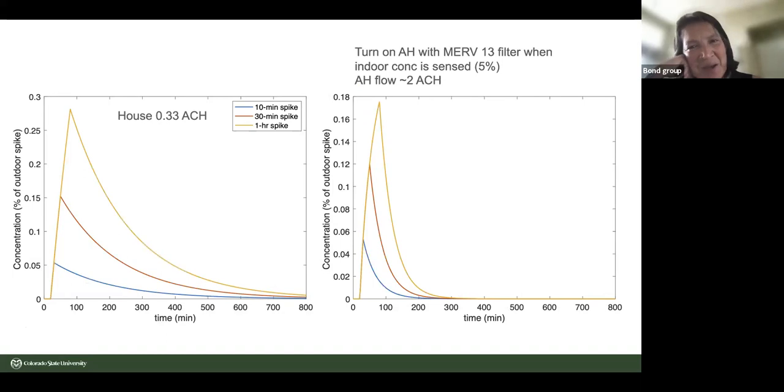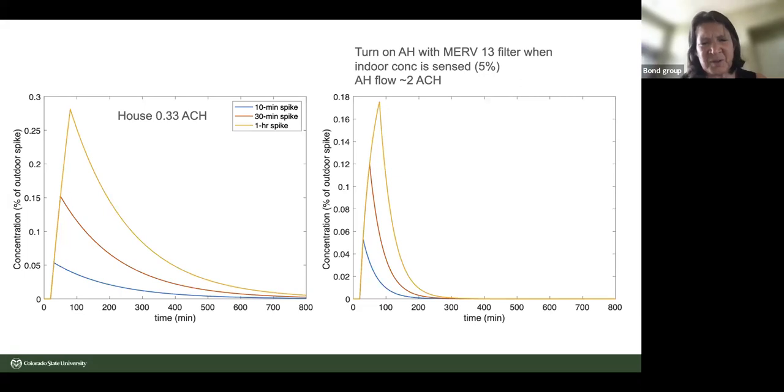Okay, so I have not explored air purifiers yet, but what I did was I turned on an air handler that had a MERV 13 filter.